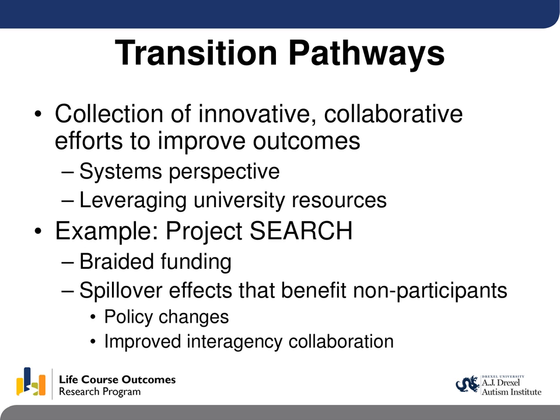And so we help braid these different funding streams together to serve these young people. And it benefits the young people who are directly participating in the program, but it also benefits people who are not directly participating in the program because it changes and improves the nature of interagency collaboration among these partners that are charged with serving this population in the first place.